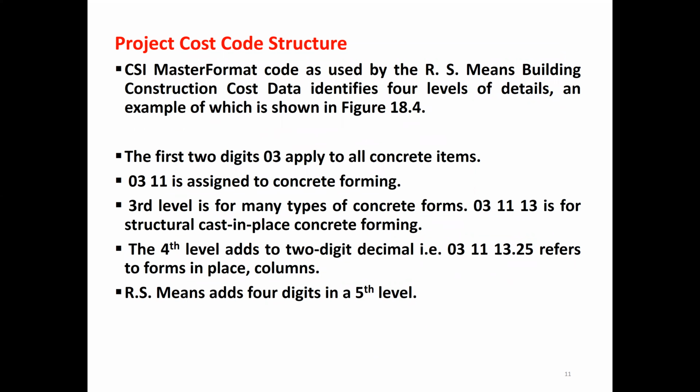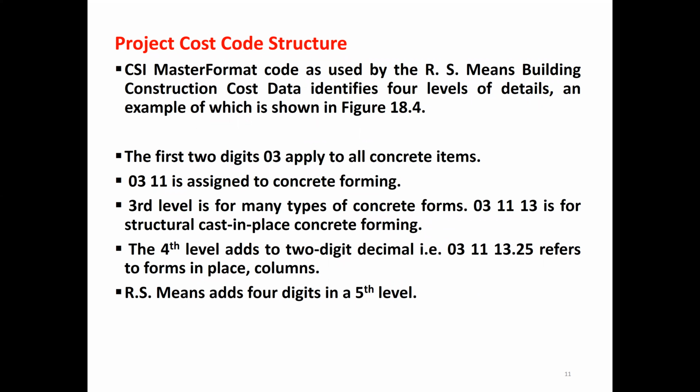The CSI MasterFormat code as used by RS Means building construction costs identifies four levels of details, an example of which is shown in figure 18.4. The first two digits, like 03, apply to all concrete items, and then 0311 is assigned to concrete forming. So 11 is the second level that makes it concrete forming.